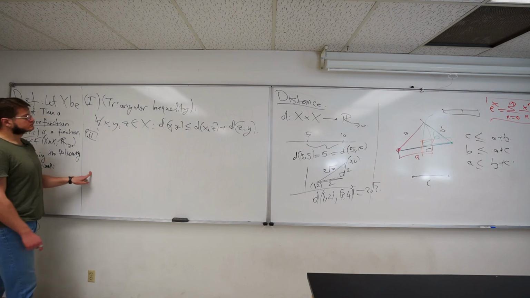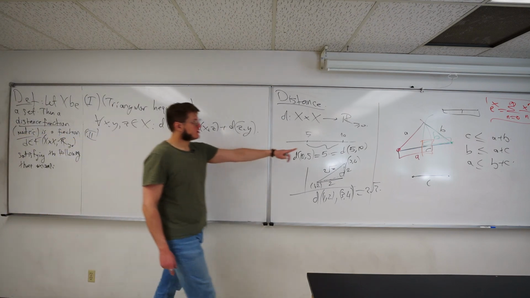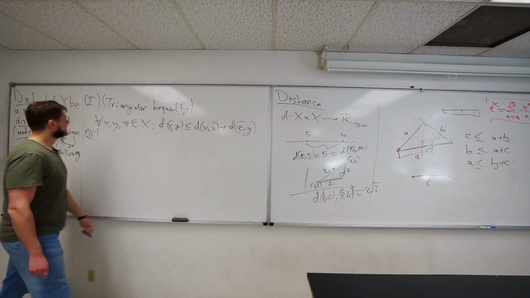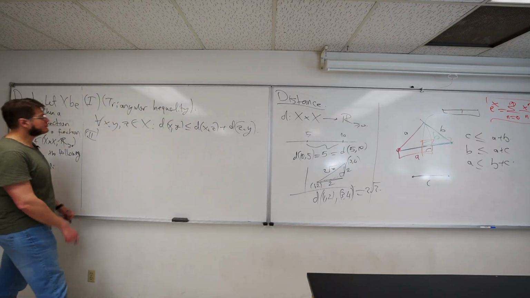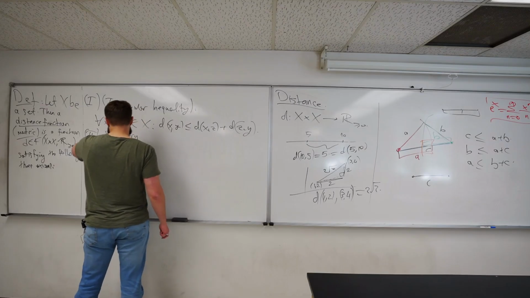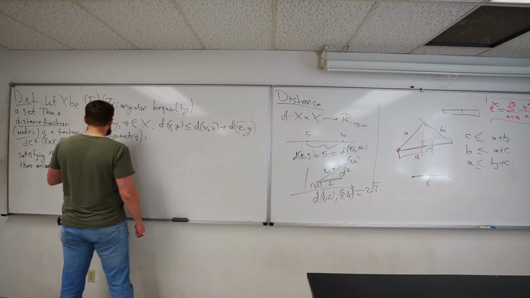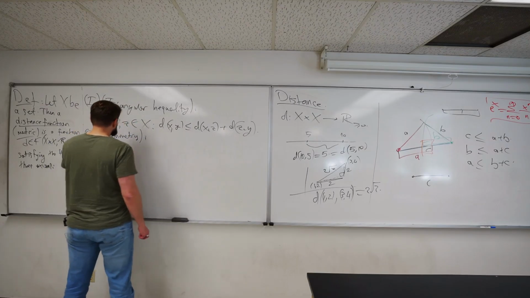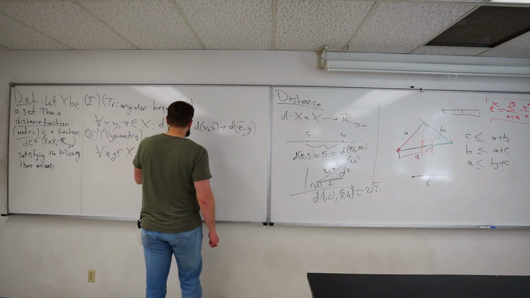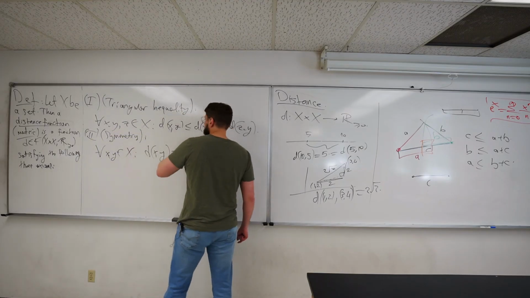So you want to think of x, y, z as the corners of this triangle. Second one is what is called the symmetry property. For any 2 points in X, distance between x and y should be the same thing as the distance between y and x.